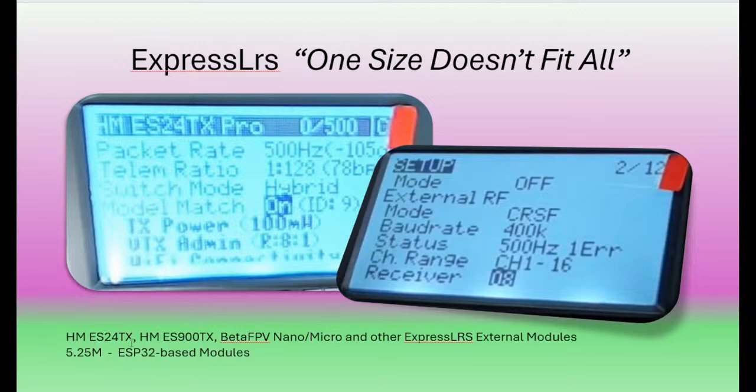So I have a little message here, but we're going to jump over to the website and look at some of the things, because it's not really a good thing just to jack it up to the highest and call it a day. But yeah, the Happy Model. The 5.25 mil is for the ESP32 based module. If it has that chip, then you're good to go.